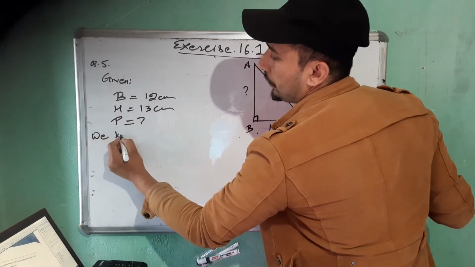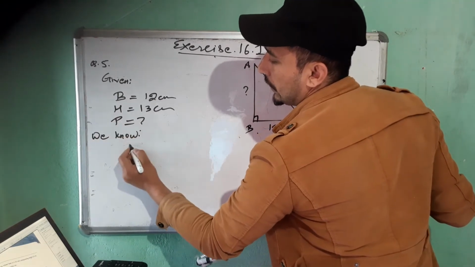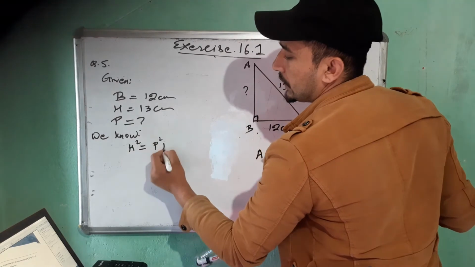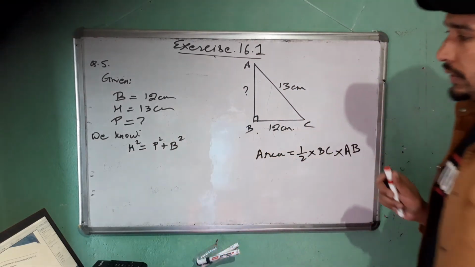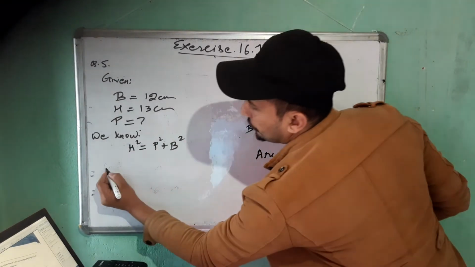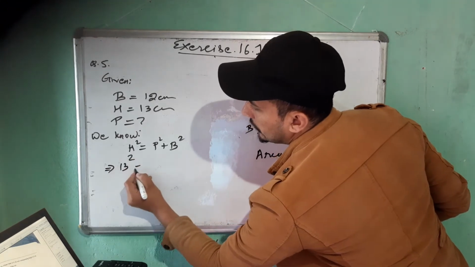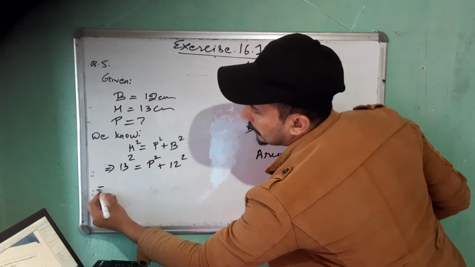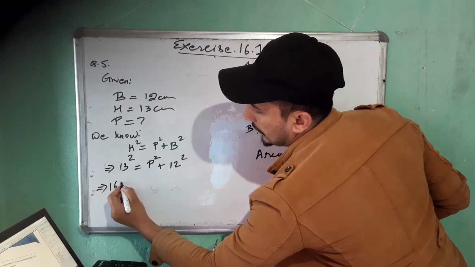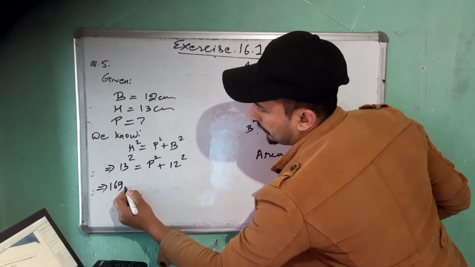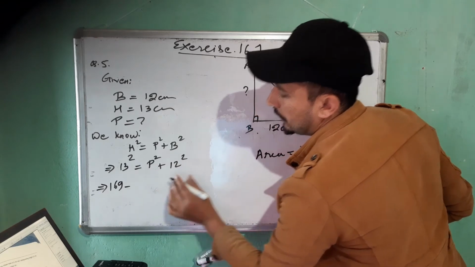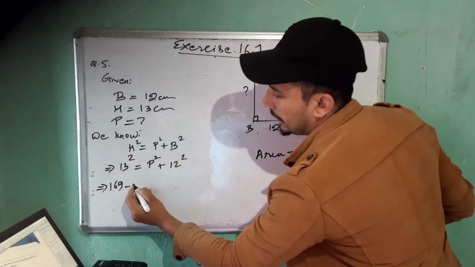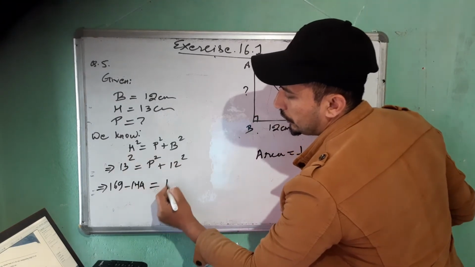So we know the Pythagoras theorem: h square is equal to p square plus b square. We have used this formula in trigonometry. So h is 13, 13 square is equal to perpendicular, which is unknown, square plus base 12 square. 13 square is 169 minus 12 square is 144. If you take this side, 169 minus 144 equals p square.